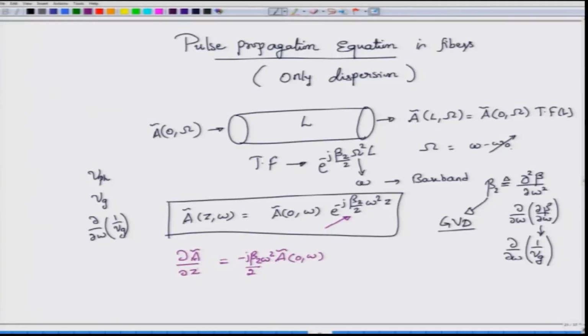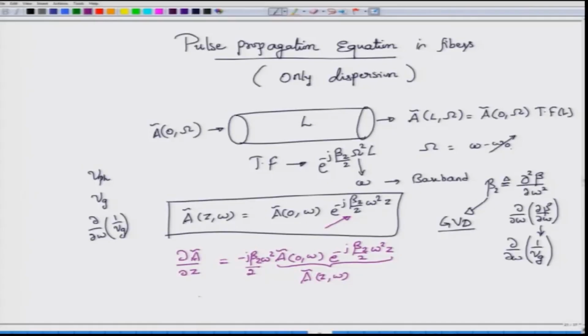Because I am differentiating with respect to z, I will pull out this minus j beta 2 by 2 omega square, and since this is an exponential, I have to keep the remaining exponential term as it is. Now, you quickly realize that this entire term, A of 0 omega multiplied by the transfer function, is simply the Fourier transform of the pulse at z itself.